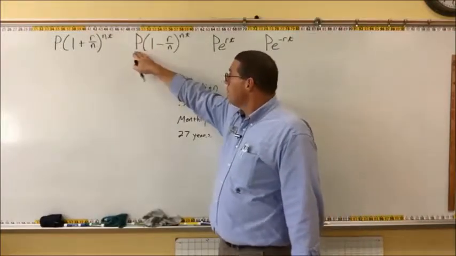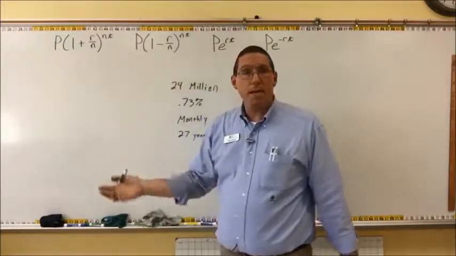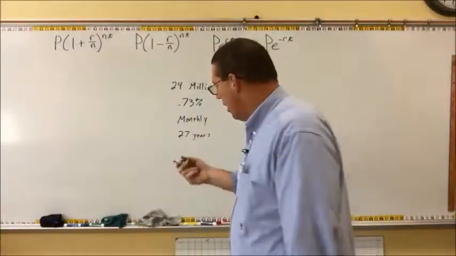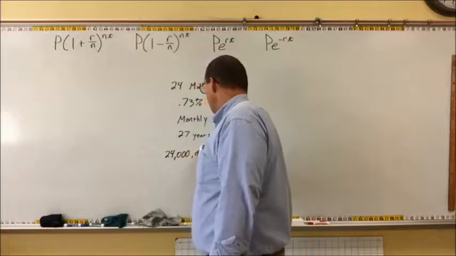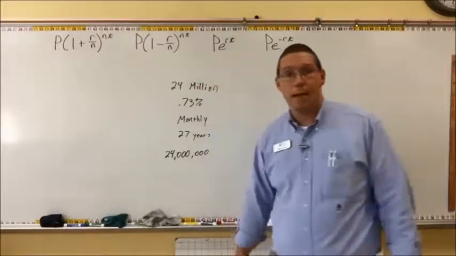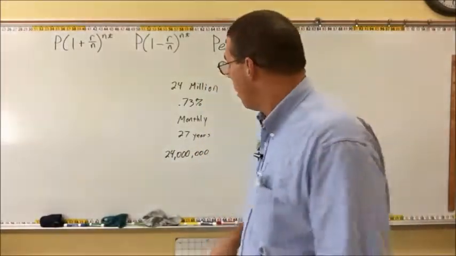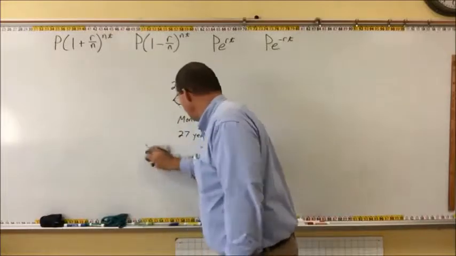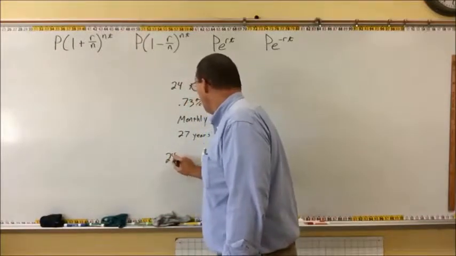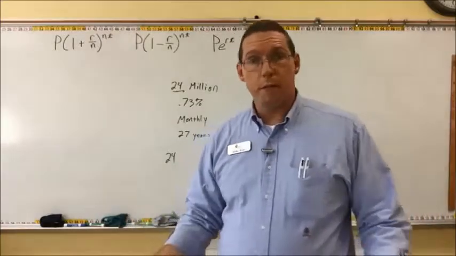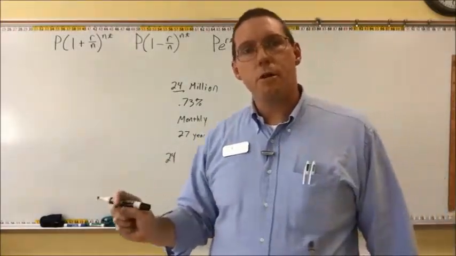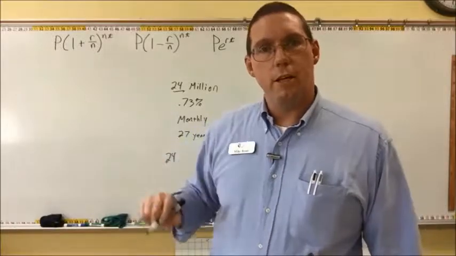So when we write out the formula, we want to put in P, the starting value. But instead of putting in 24 million, which is going to be a real pain, did you know that you can just put in 24, do the formula, and when you get an answer, just put the word million on there?